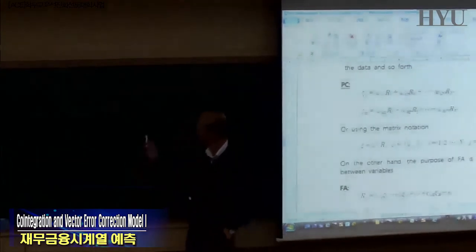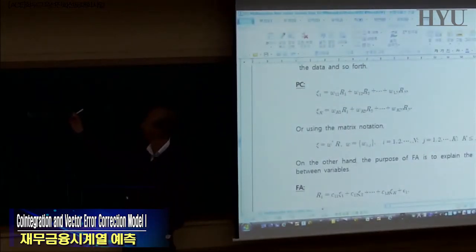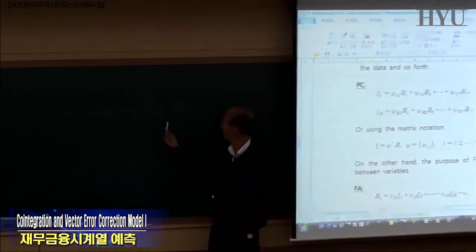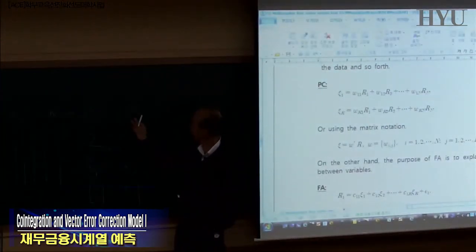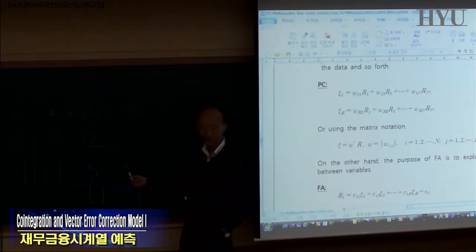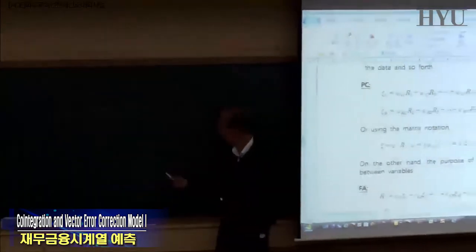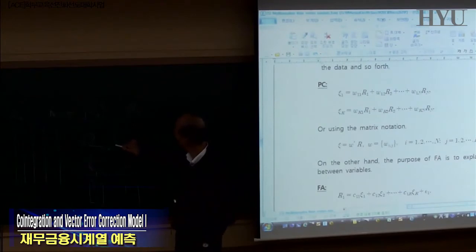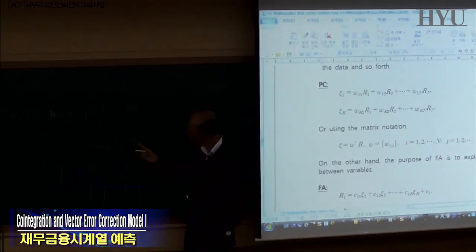But we know that the variance of the first principal component is simply this one, and the variance of this principal component is this one. And one of the properties is if you add these 5 numbers, then that is going to be the same as the sum of this variance.